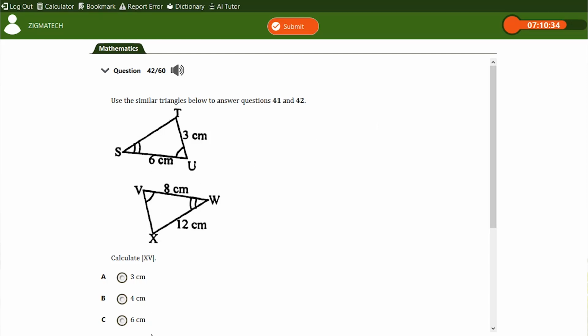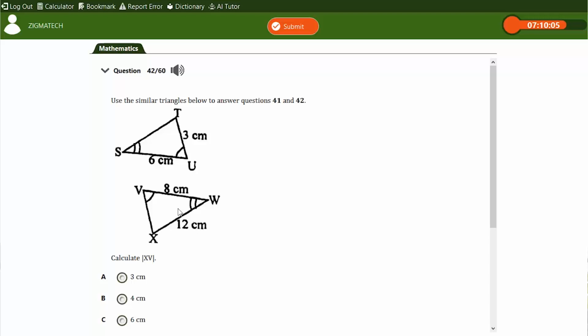So it means that XV is in ratio to the side where we have just the single arc, okay? So we have a single arc here too. So XV is TU. Ratio TU is equal to, so let's get another place.